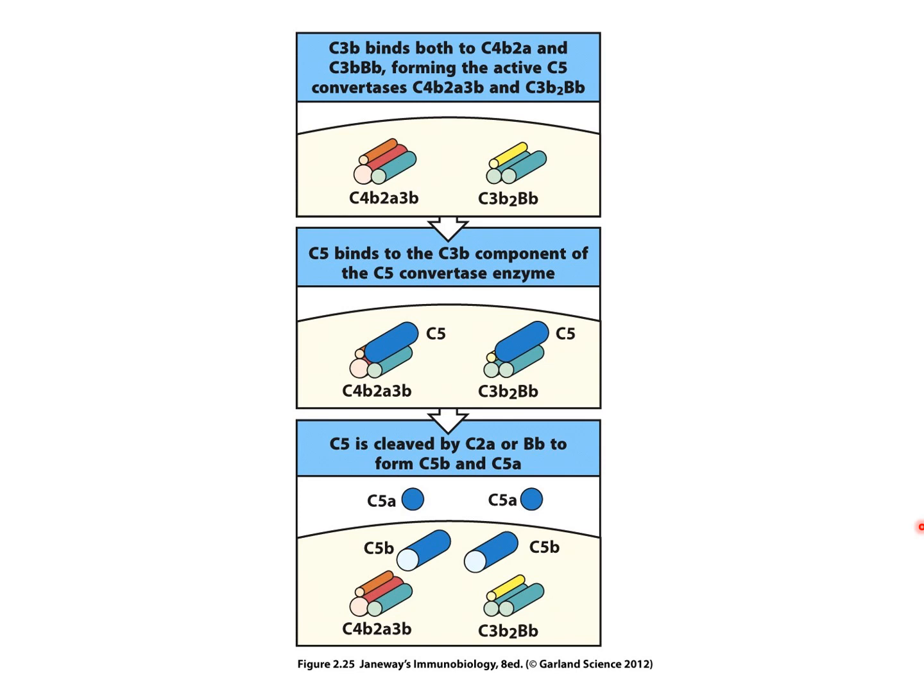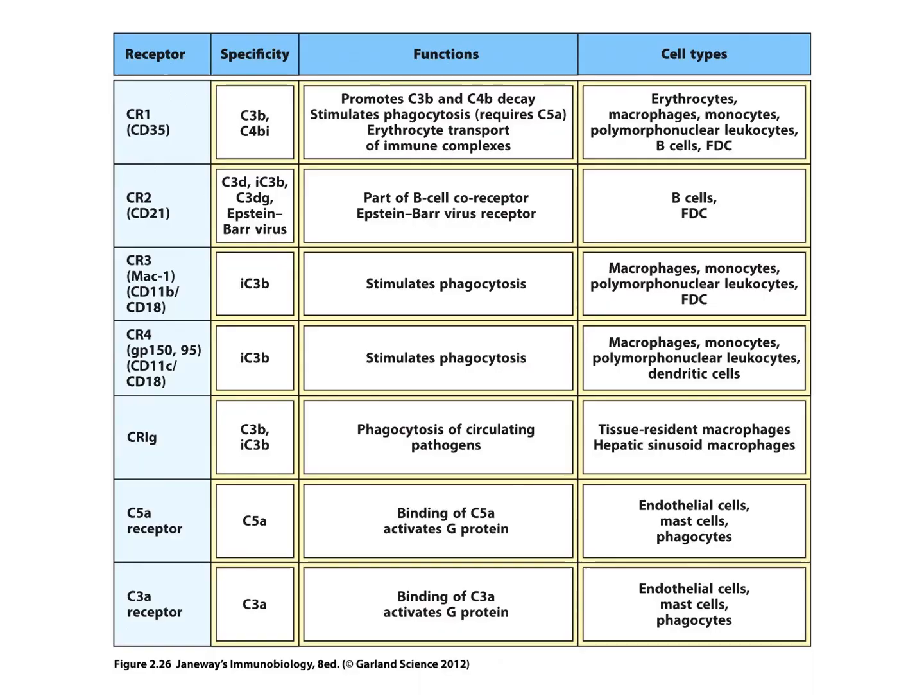Now, here's the thing. To get C5 recruited to the surface of a pathogen, you have to have high numbers of the C3b there, which means you have to also have high numbers of C3 convertase bound there. Once these are bound, and here they're showing from the alternative pathway, they stay bound and stable due to the different protein factors, you get minimal amounts of C5 recruited and cleaved.